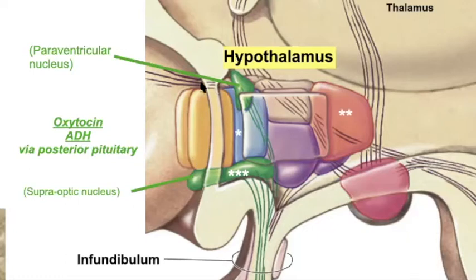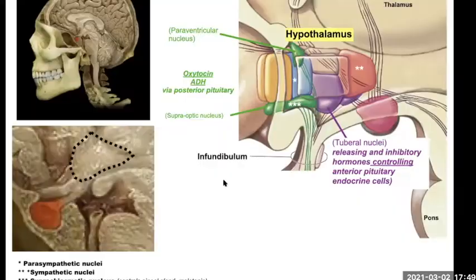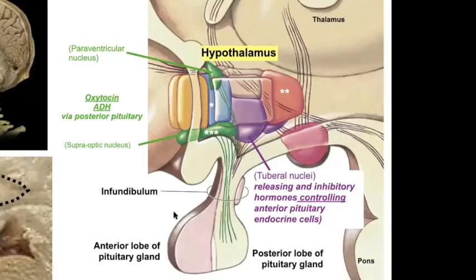In our case, we'll look at the way that it secretes hormones itself, oxytocin and ADH, basically through the posterior pituitary gland. And then there are also other nuclei that actually control the entire anterior pituitary gland.